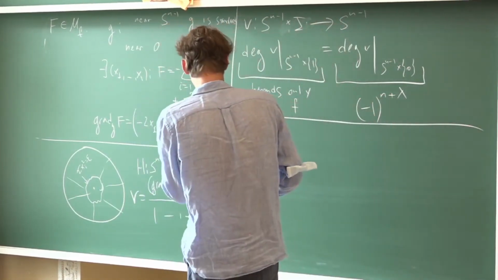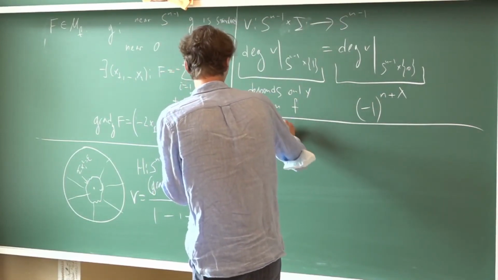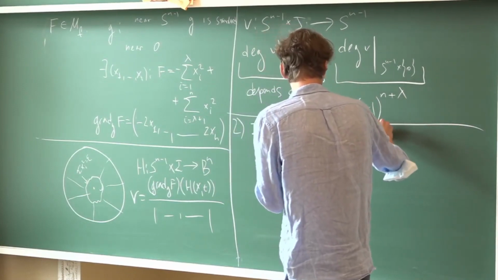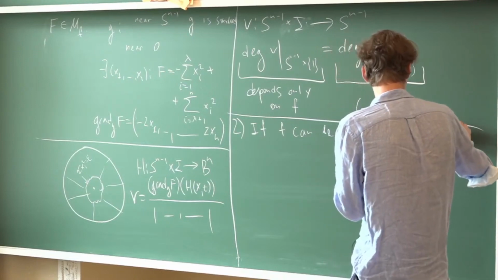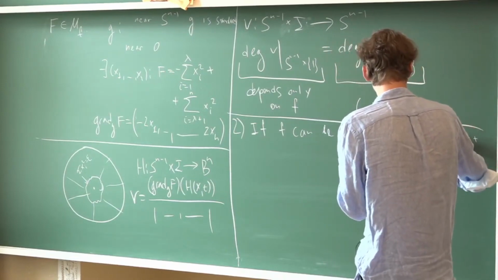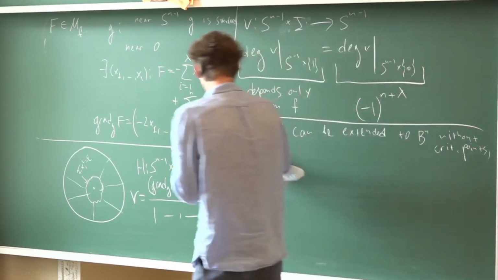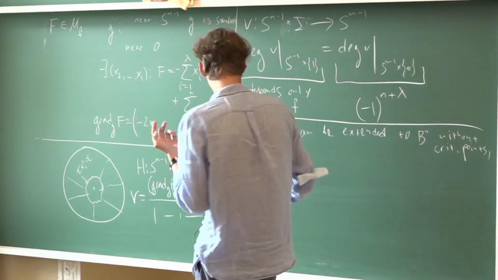Similarly, you can see that if f can be extended to the unit ball without critical points, then there is no way to extend it with only one critical point.